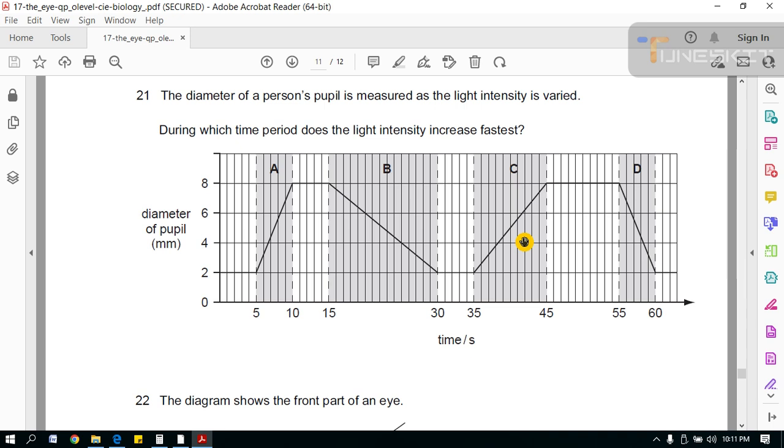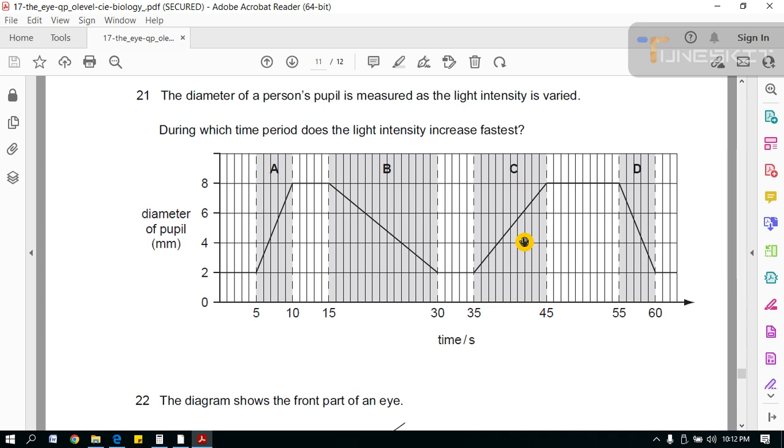A and C, in both these cases, the diameter of the pupil is going to increase, but in case of B and D, we can see the diameter of the pupil is decreasing.